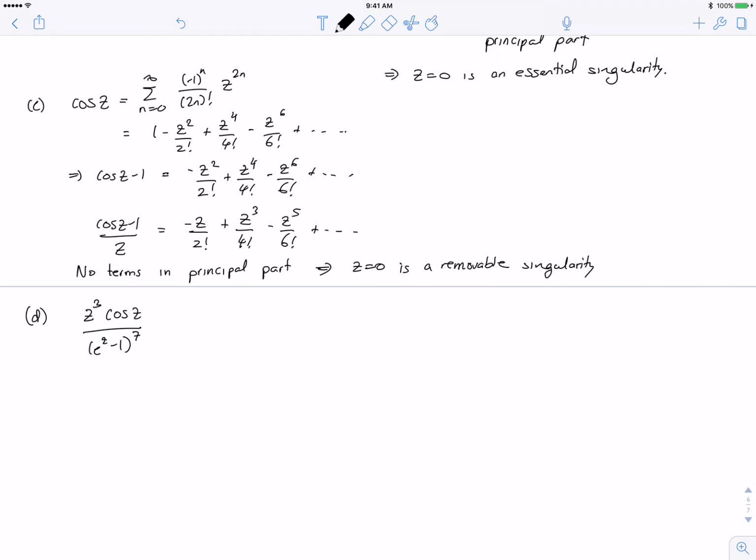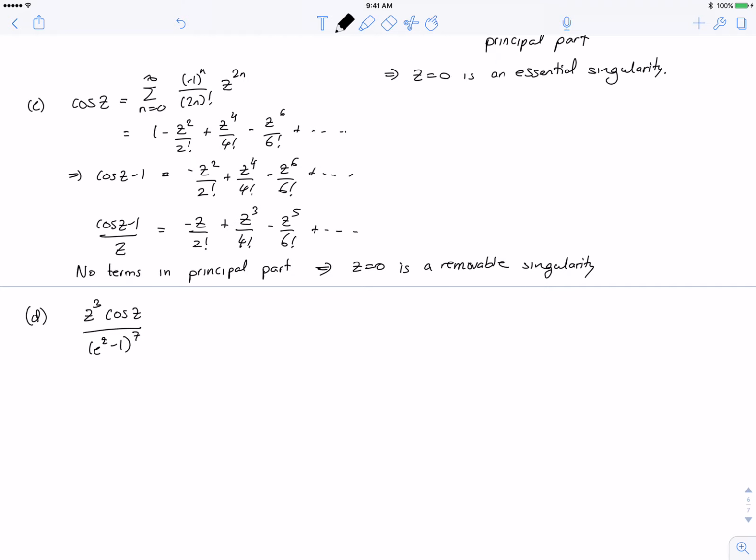Okay, so z equals 0 is not the only singularity here, right? Because e to the z equals 1 has infinite solutions. But definitely z equals 0 is one solution of that, and so z equals 0 is one of the singularities.